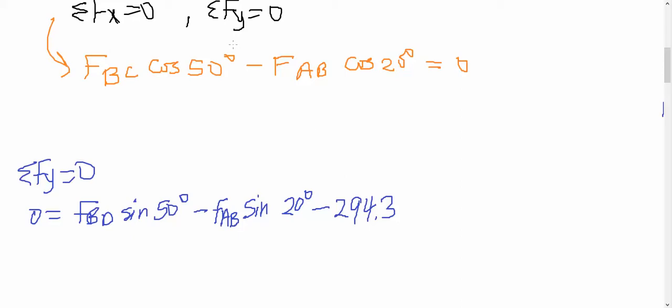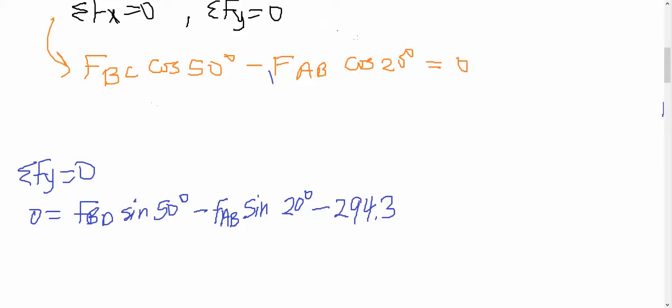Well, there are different ways of solving this system of equations, but I would just go through the generic method of using substitution. So in the first equation, we can easily solve for either one of those variables. Whichever one you use does not matter. I would solve for FAB just because.